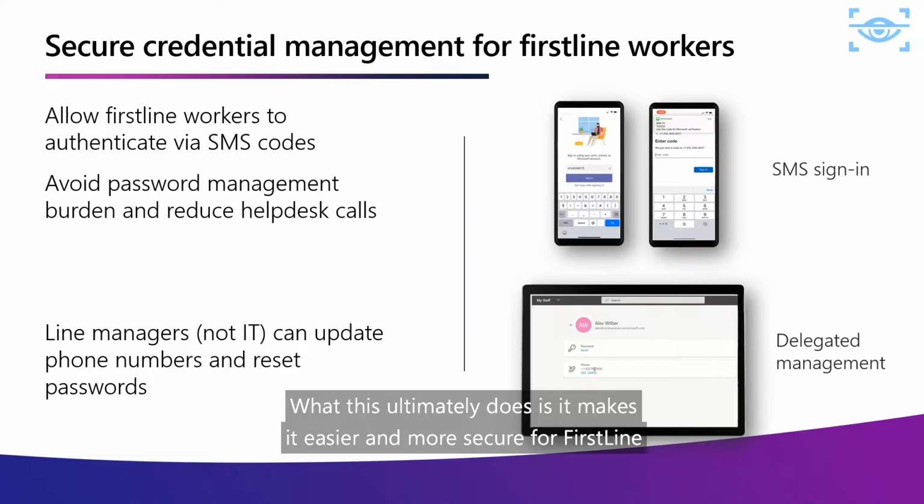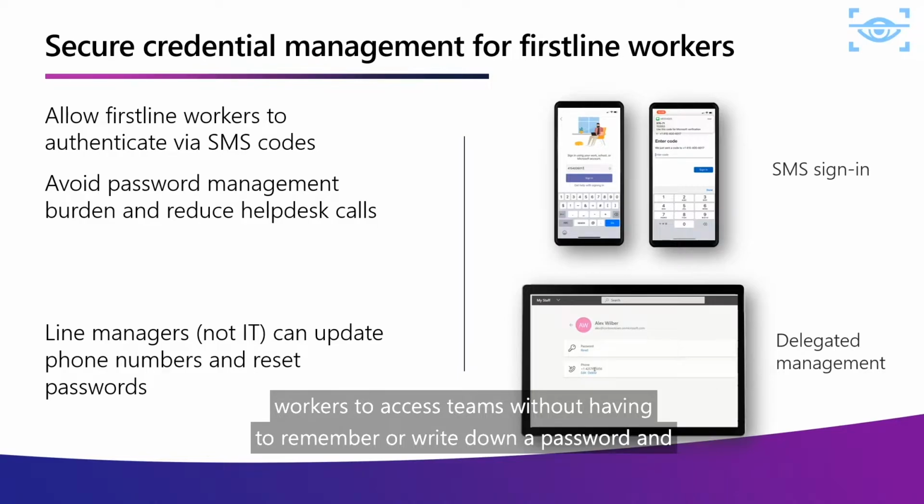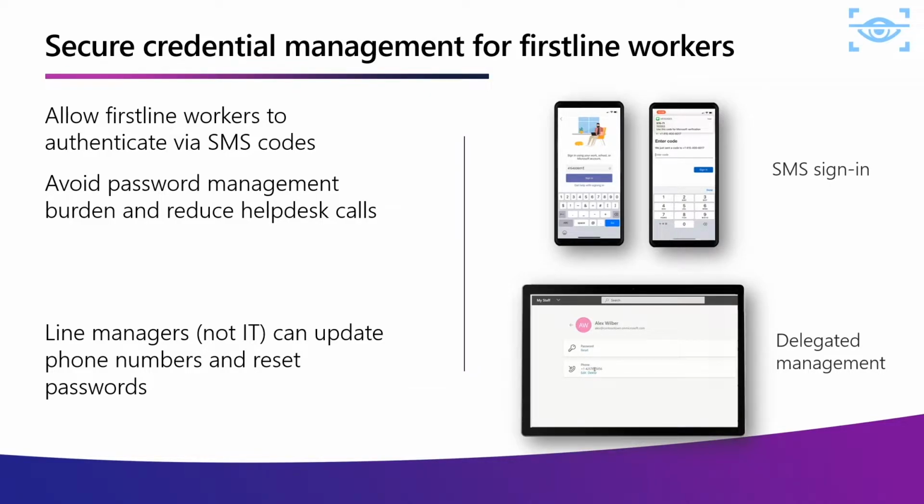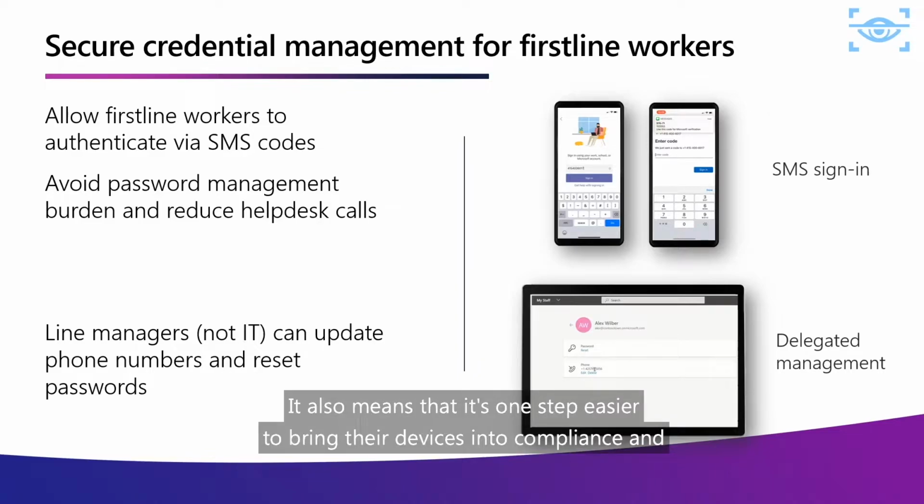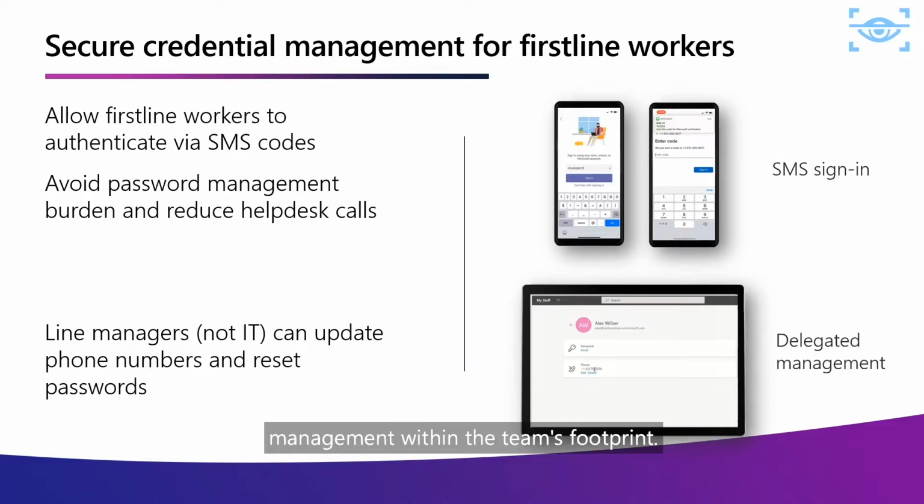What this ultimately does is it makes it easier and more secure for first-line workers to access Teams without having to remember or write down a password and without creating a lot of burden on the help desk with password reset requests. It also means that it's one step easier to bring their devices into compliance and management within the Teams footprint.